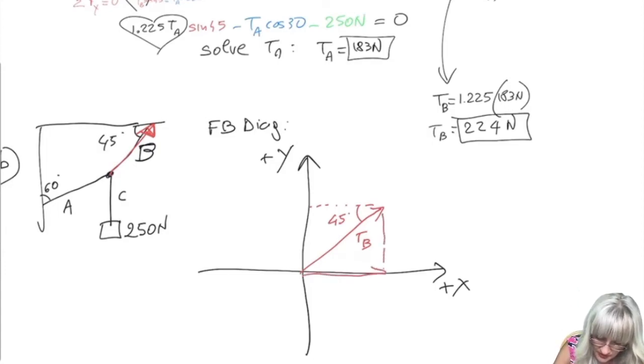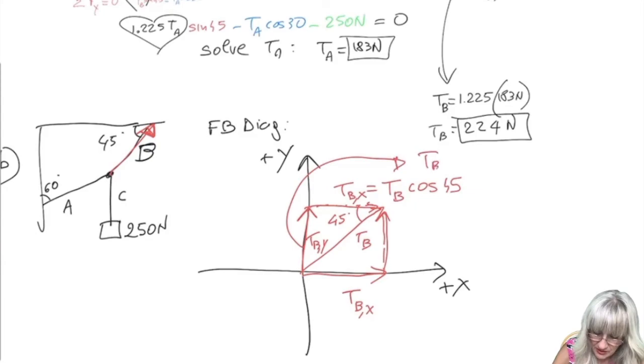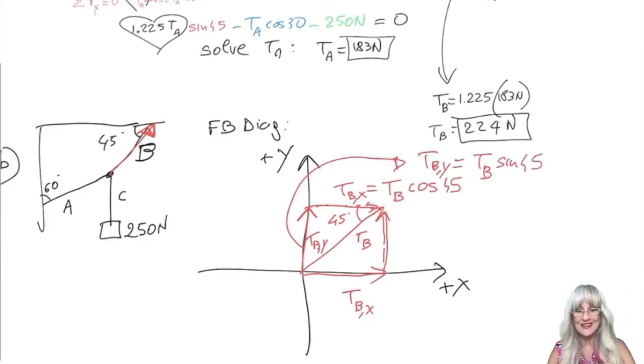This will be TB of x, which is the hypotenuse, T of B, times the cosine of the adjacent angle. This is TB of y, the vertical axis, so I'm going to place it here. TB of y will be the hypotenuse, tension in cable B, multiplied by the sine of 45 because it's the opposite angle.